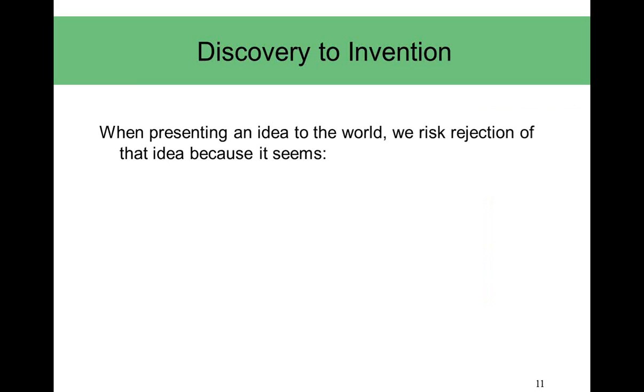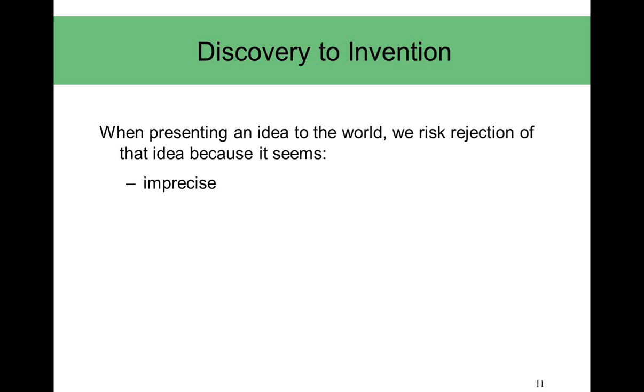So, discovery to invention. When presenting an idea to the world, we often risk rejection. We're often thinking to ourselves, how can government not know what I know? How can the leadership not know what I know and what the community knows and the self-evident truths that all sit around us, but government doesn't seem to get them? What makes us nervous when we go in to present to government?